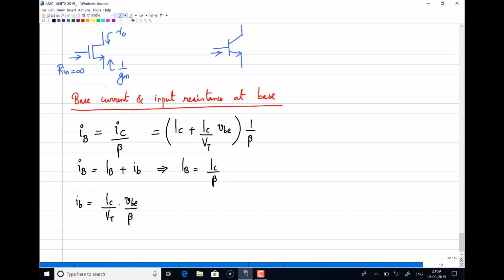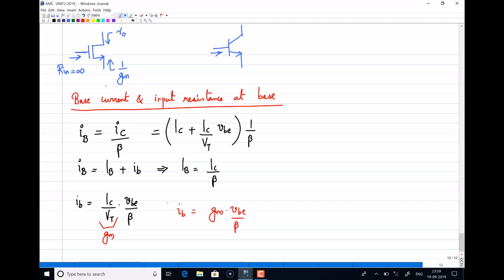Now what is IC by VT? IC by VT is GM, that we have seen here. So ib can be written as GM into VBE by beta, GM by beta into VBE. So this is the base current.